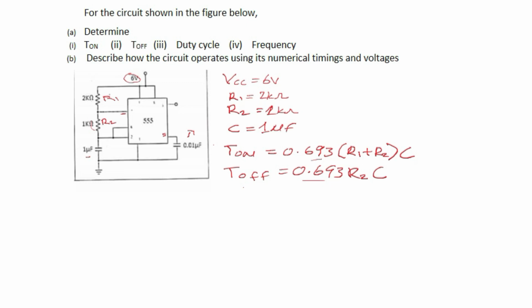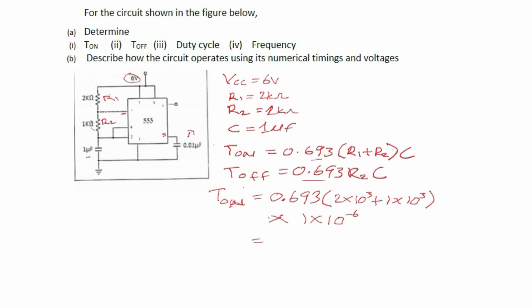Firstly, we are asked to find the T on. So T on is given as 0.693 into, what is our R1? 2 kilo ohms, right? Plus, what is our R2? 1 kilo ohm. And we have our capacitor, which is C. So times our capacitor is 1 micro, yes, micro, so 10 raised to the power minus 6.